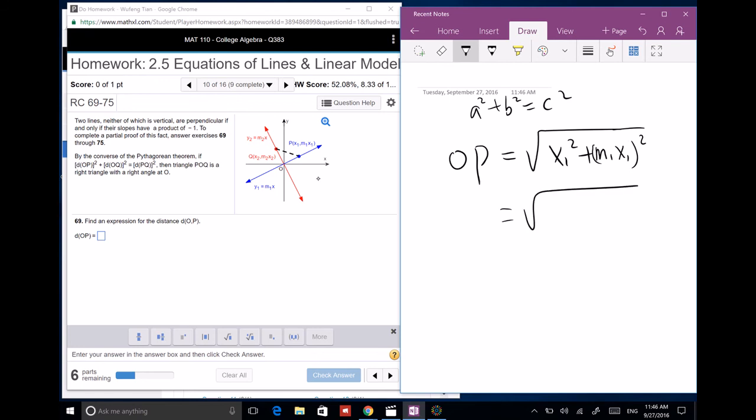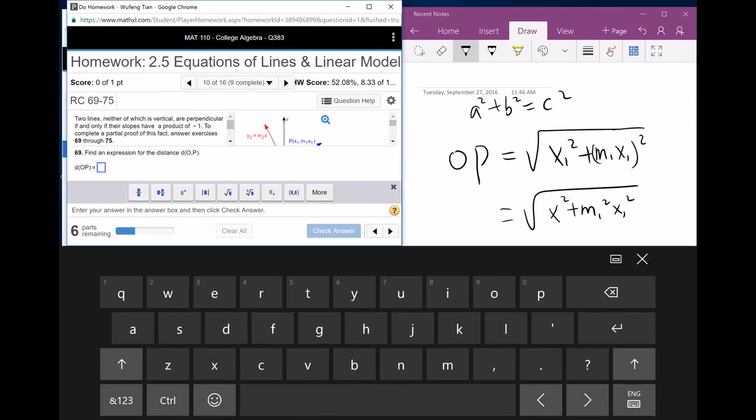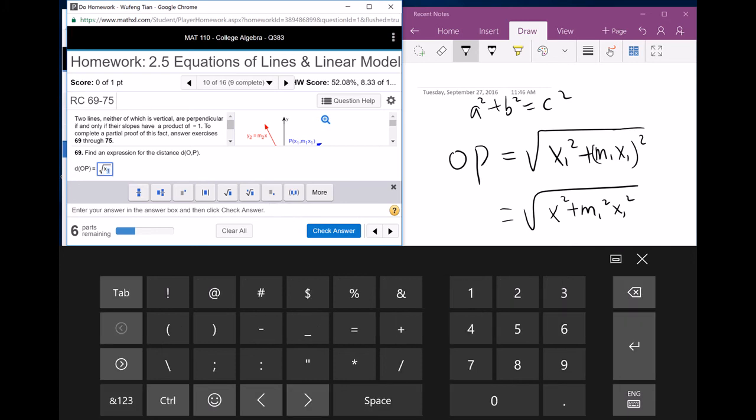So OP equals the square root of x1 squared plus m1 squared x1 squared.